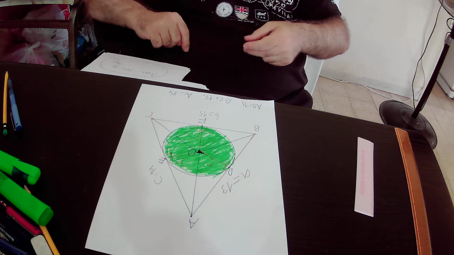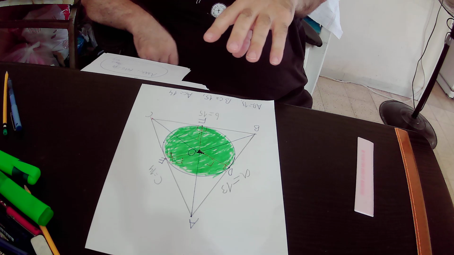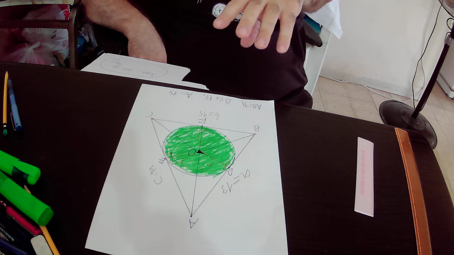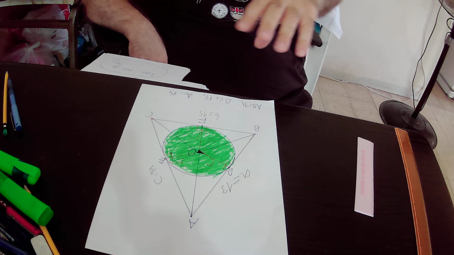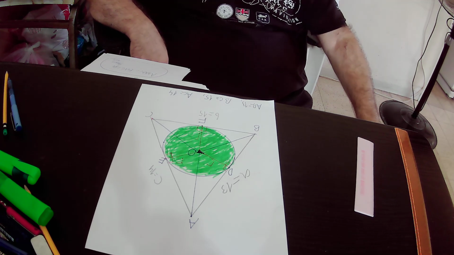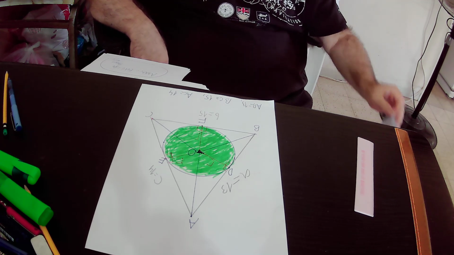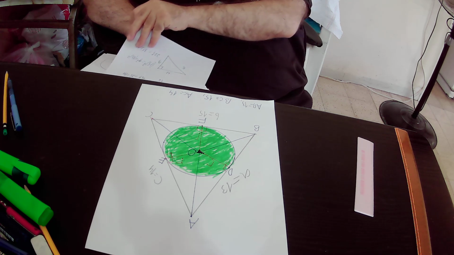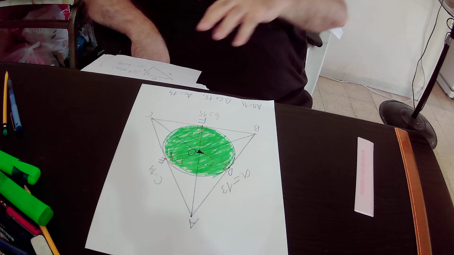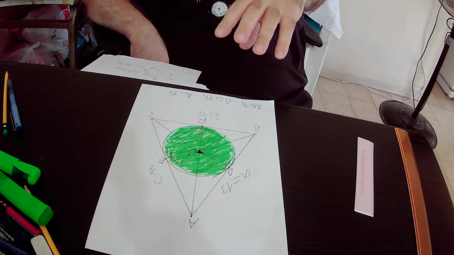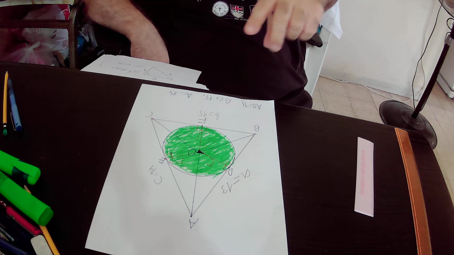We know that the circle is inscribed inside a triangle. That is to say, the triangle is tangent to the circle at 3 points.